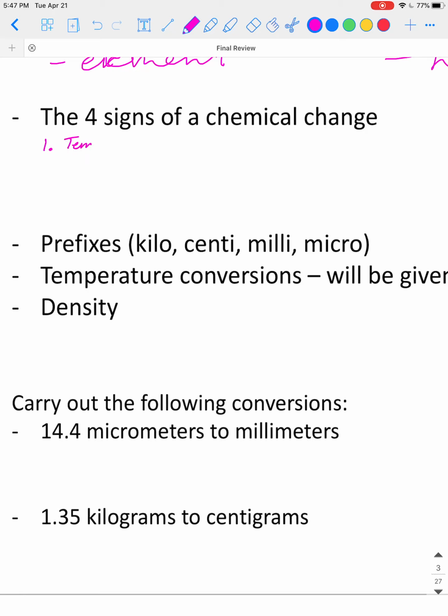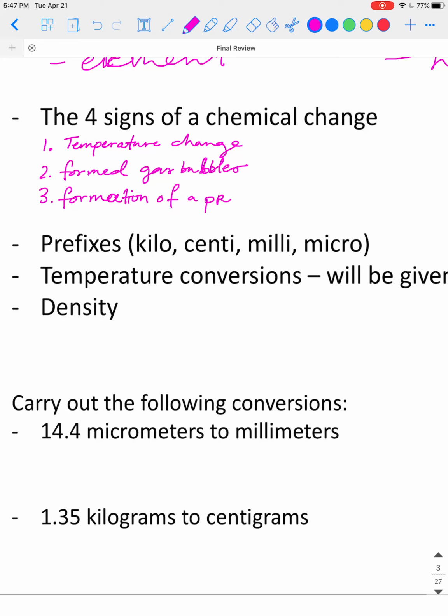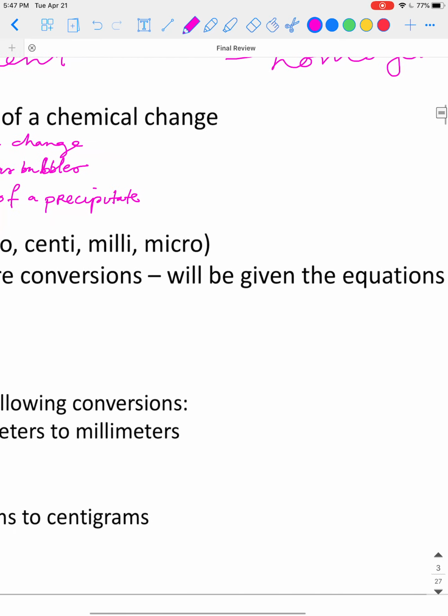Number 1, you can write these down on your own paper: a temperature change was a sign of a chemical change. 2, if we formed gas bubbles, that was a sign of a chemical change. 3, if we formed a precipitate, formation of a precipitate.